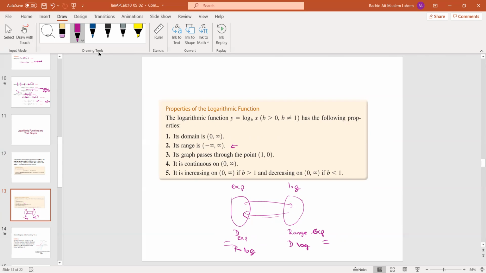And here, the range of this exponential function is going to be the domain of this logarithmic function. So its domain is 0 to infinity. In that one we had horizontal asymptotes. In this one we're going to have a vertical. Its graph passes through 1, 0. Remember the other one, 0, 1. It is continuous over its domain.